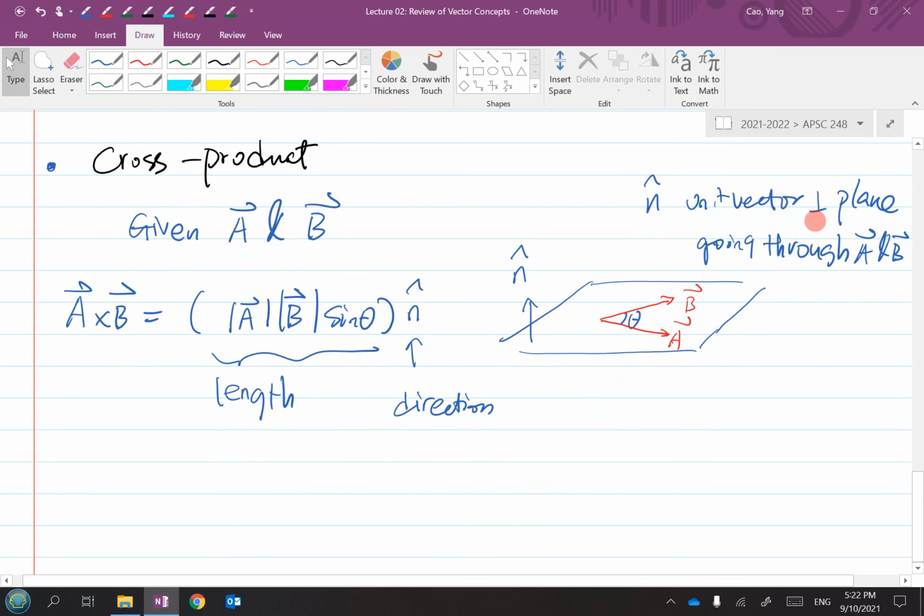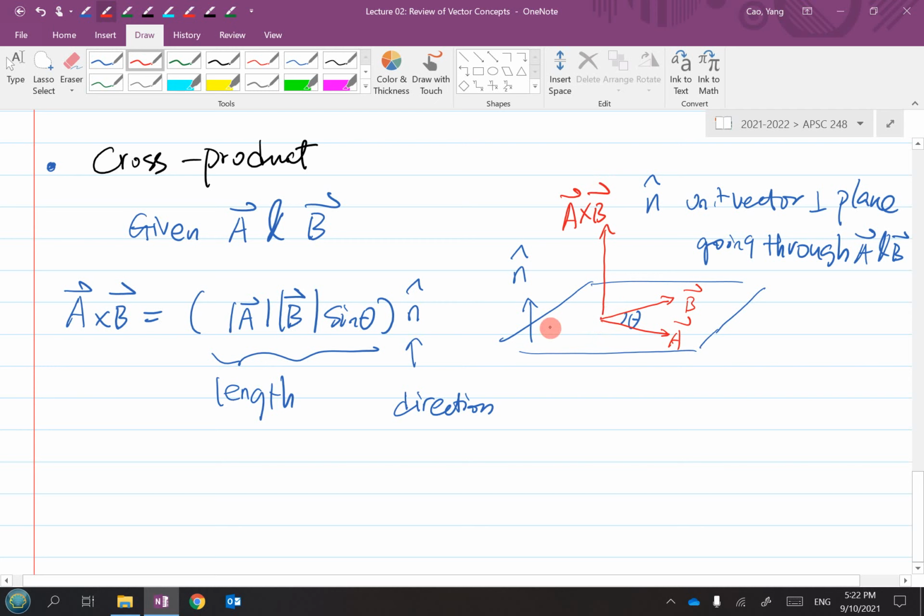Graphically, you can always represent this A cross B like that. You can draw a vector A cross B. It doesn't really have to be drawn here because it's vector free, but just for illustration, you can draw it sharing the same initial point.